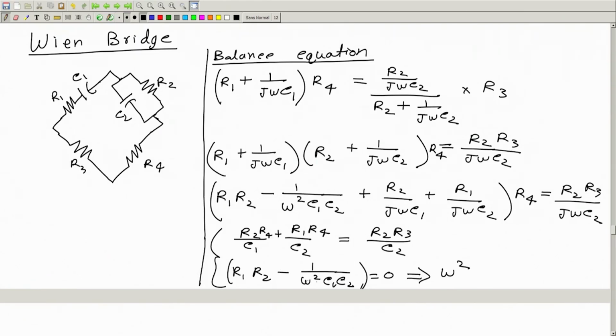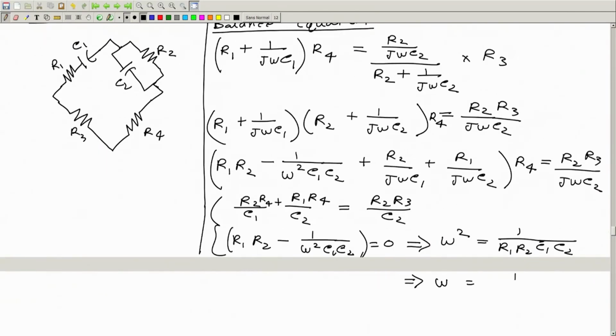So, that this 2 should be equal, if this is 0, then omega square will be equal to, sorry, not R1, 1 over R1 R2 C1 C2, or omega will be, so you can write this as, okay.